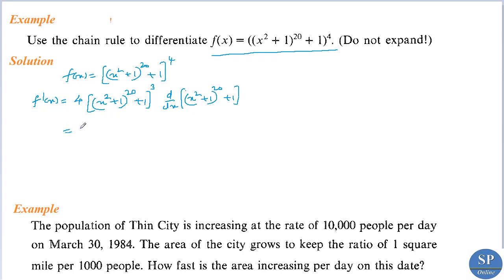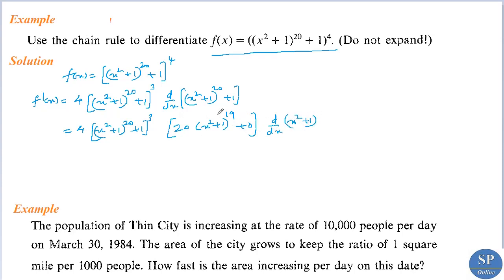Now this is equal to 4 into x square plus 1 power 20 plus 1 power 3, into the derivative of this. Here also we have to use the chain rule, that is d by dx of some u power 20 plus 1. So the derivative of this is 20 into x square plus 1 power 19, plus 0, since the derivative of 1 is 0, into the derivative of x square plus 1.